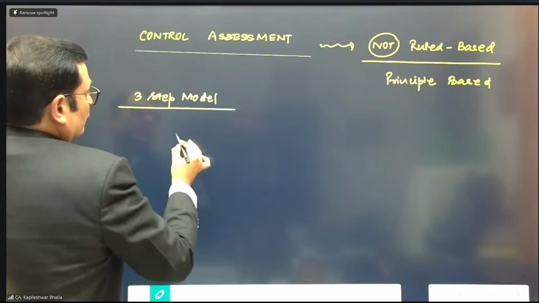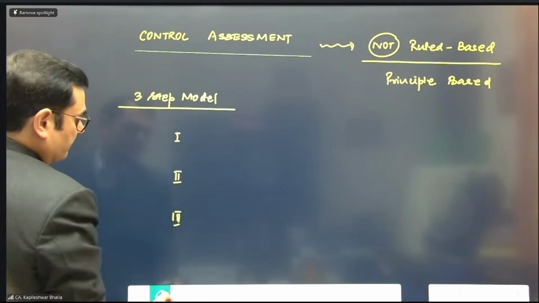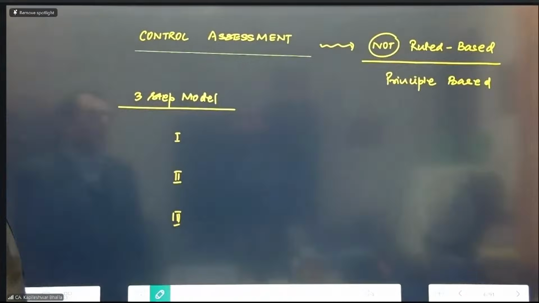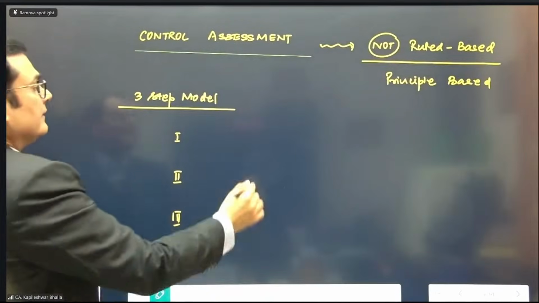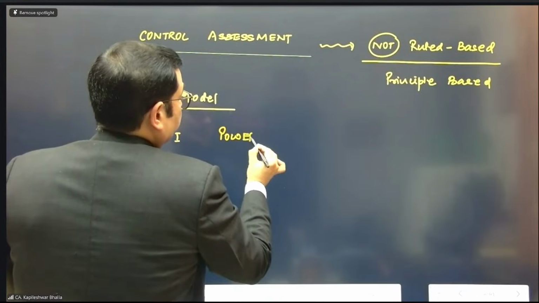So in terms of the three-step model, step one, step two, and step number three. First of all, I'm going to put across a question that there should be a power. That's the key word.